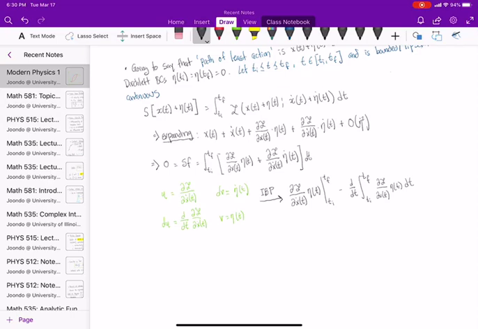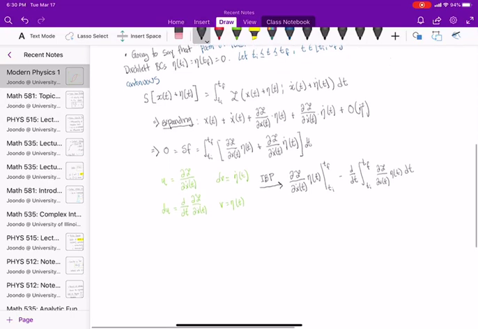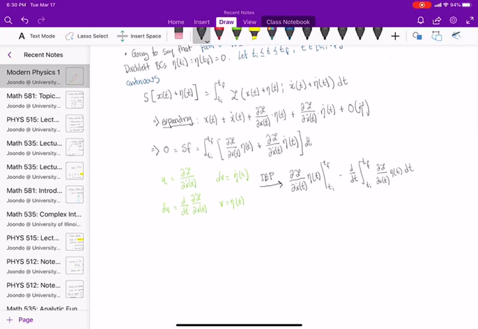So factoring eta of t out and doing all the operations, you can find out that the partial derivative of the Lagrangian with respect to x of t, minus the derivative with respect to time of the partial derivative of the Lagrangian with respect to x prime of t, times eta of t, is going to be equal to 0 from ti to tf.